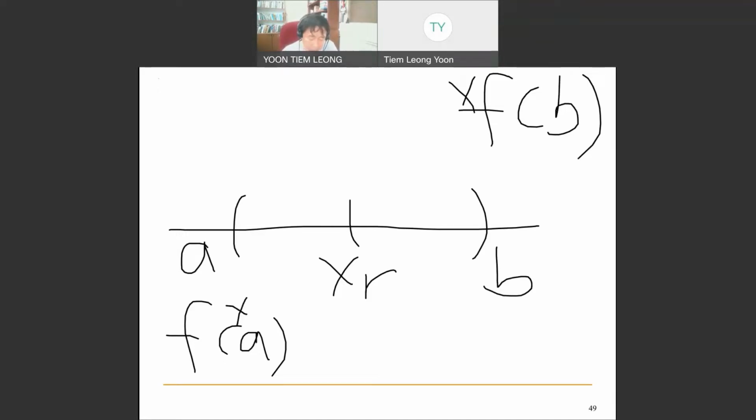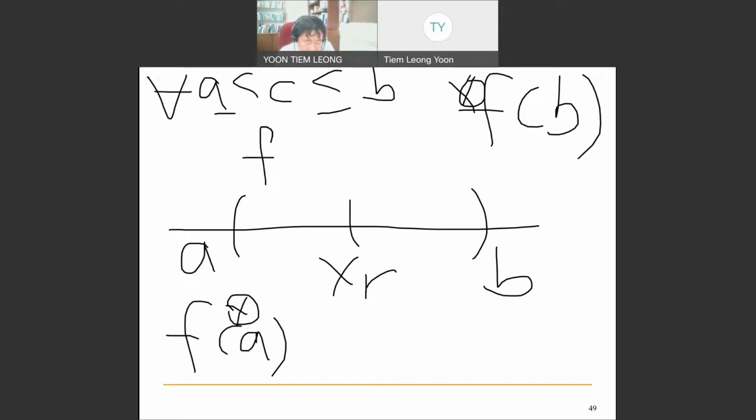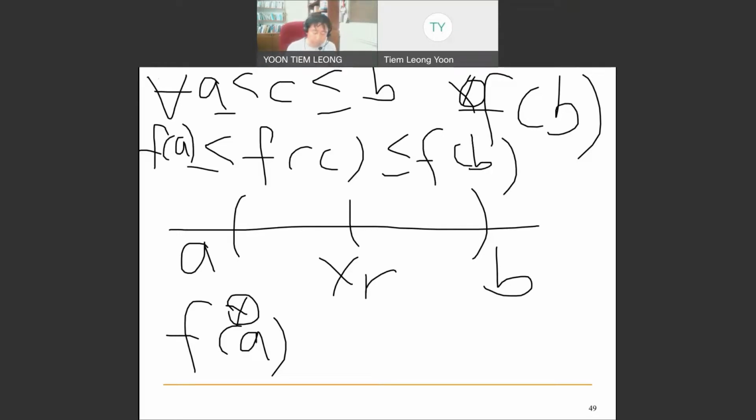Then according to the intermediate value theorem, there must exist somewhere a c between a and b, such that the value f(c) exists and it must lie between f(a) and f(b), for all values that lie between f(a) and f(b).